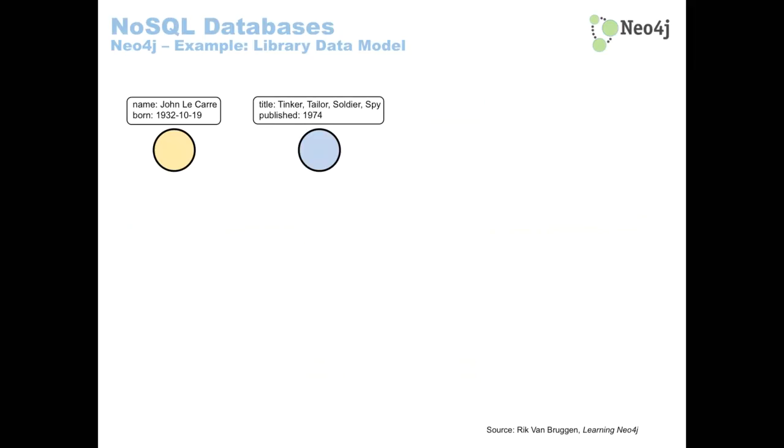Here's an example, a library data model. We have a node with a name and another node with a title. In this case, the relationship between those two is that John Le Carre wrote the book Tinker, Tailor, Soldier, Spy.